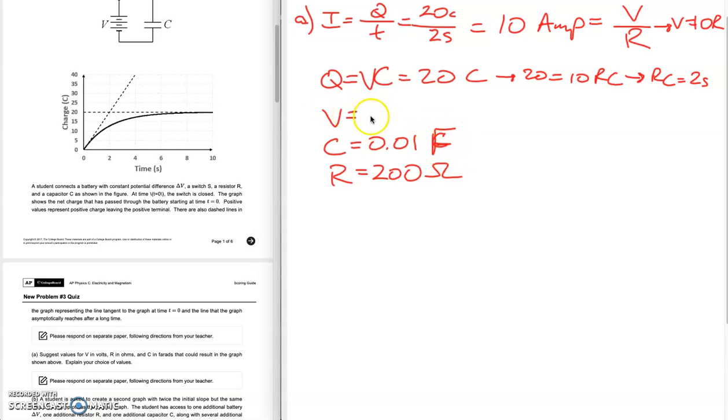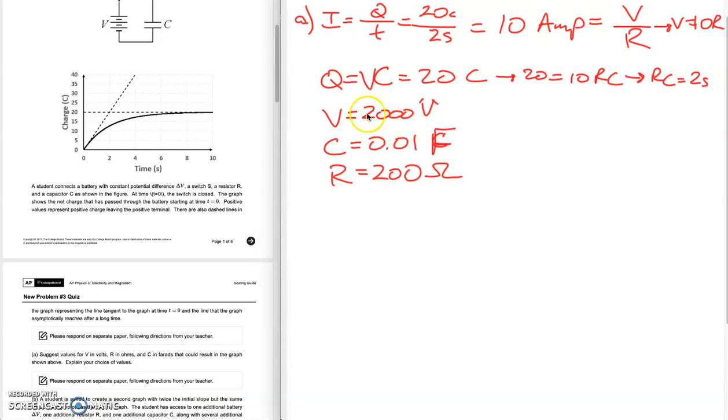Now let's see about the voltage. What are we going to get for the voltage here? So we need to have a voltage divided by 200 is 10. Well, that would be 2,000. Does that agree with our rule here? So 2,000 times 0.01, move the decimal place 2 places, that'll get us 20.